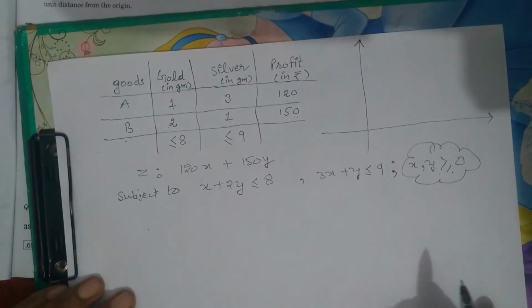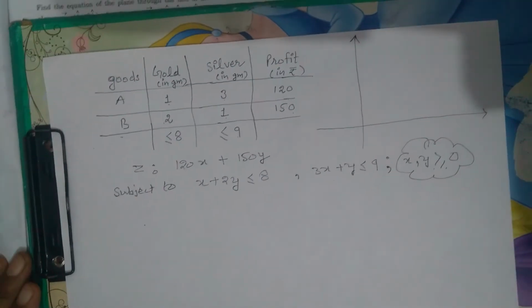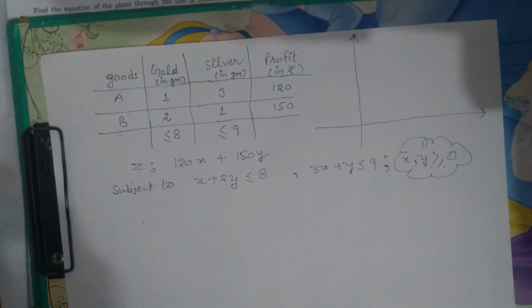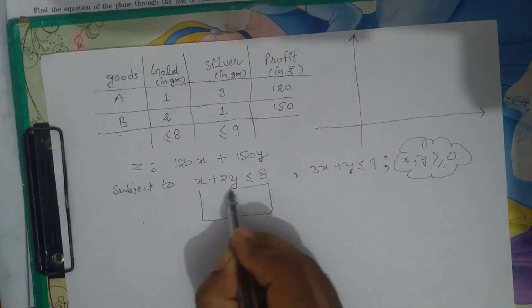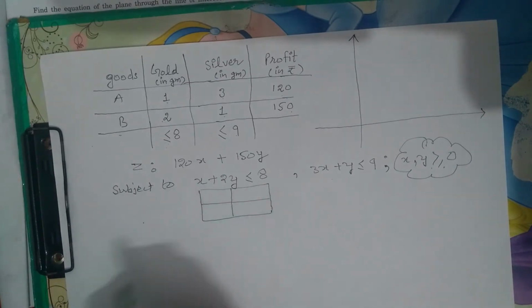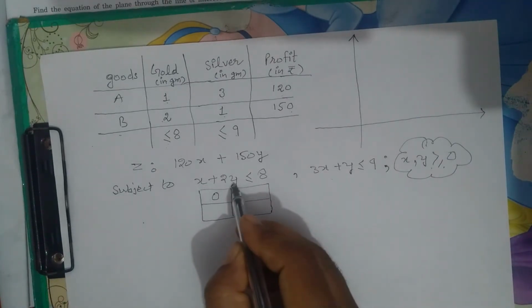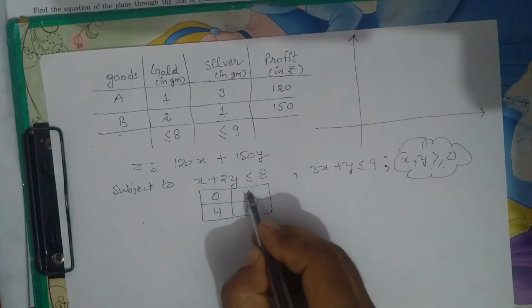So now we try to solve this question. How to solve? First, this linear inequality is converted into equality. If x is 0, then y is 4; if y is 0, then x is 8.